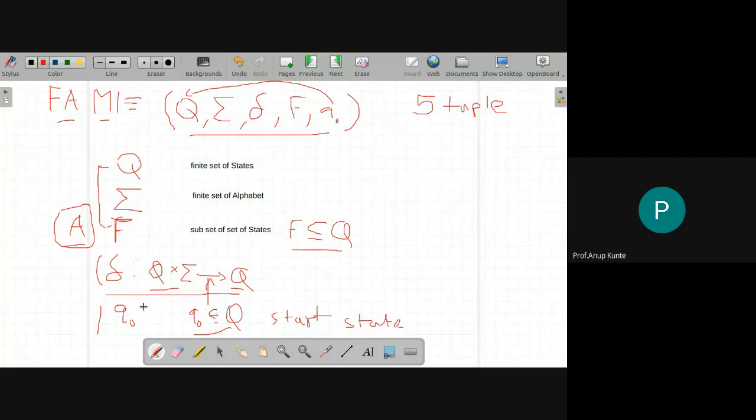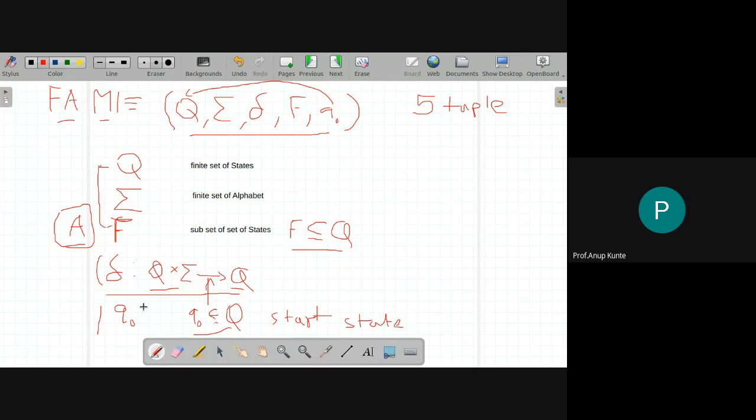So finite automata is a five-tuple abstract device which represents certain kinds of computations, which is defined as a tuple including Q, sigma, delta, F, and Q0, where Q is a finite set of states, sigma is a finite set of alphabets, F is a subset of states, which is a subset of Q, delta is a mapping between Q cross sigma mapped to Q, which represents the transient behavior, or the functional behavior of the device.